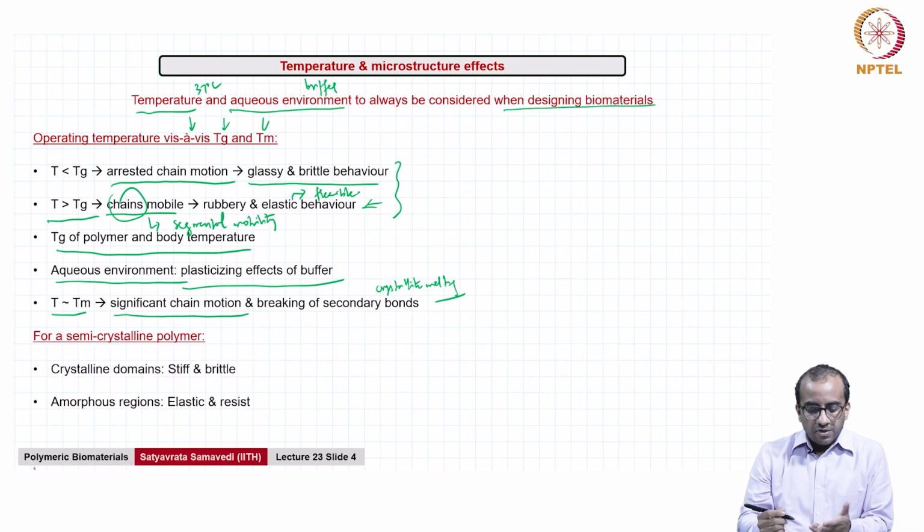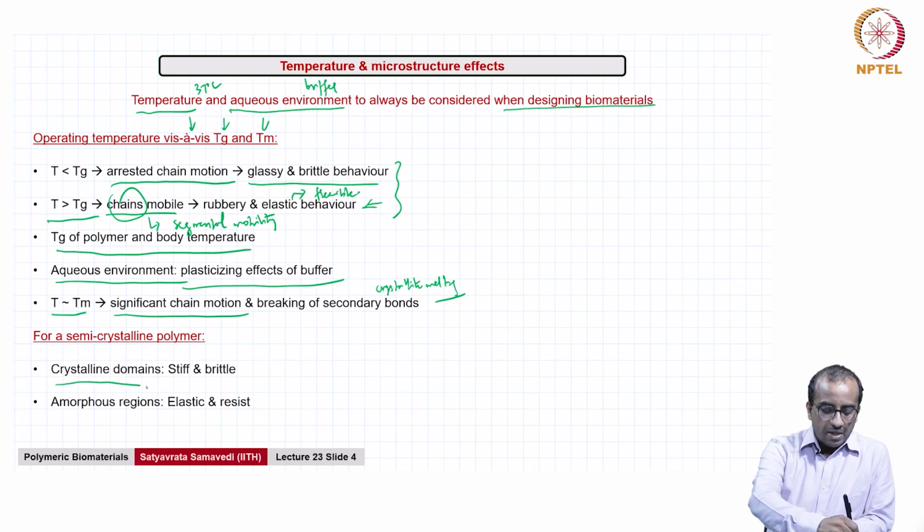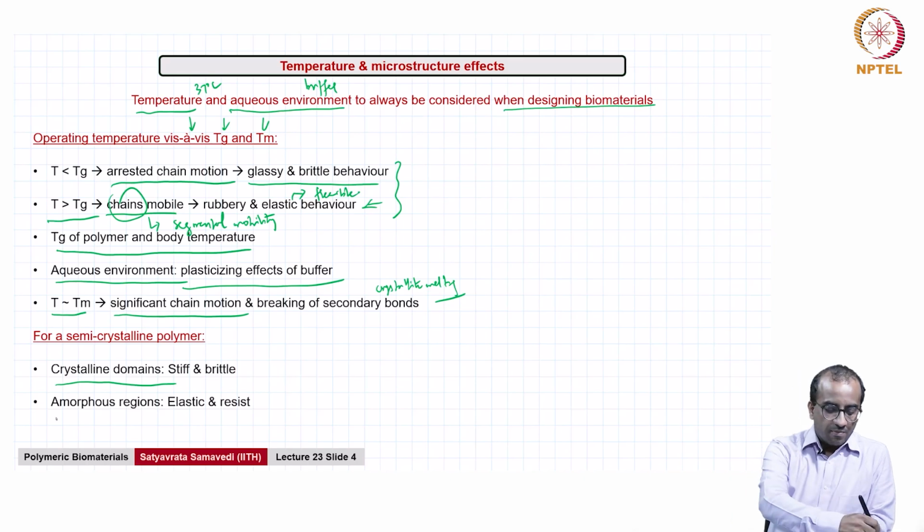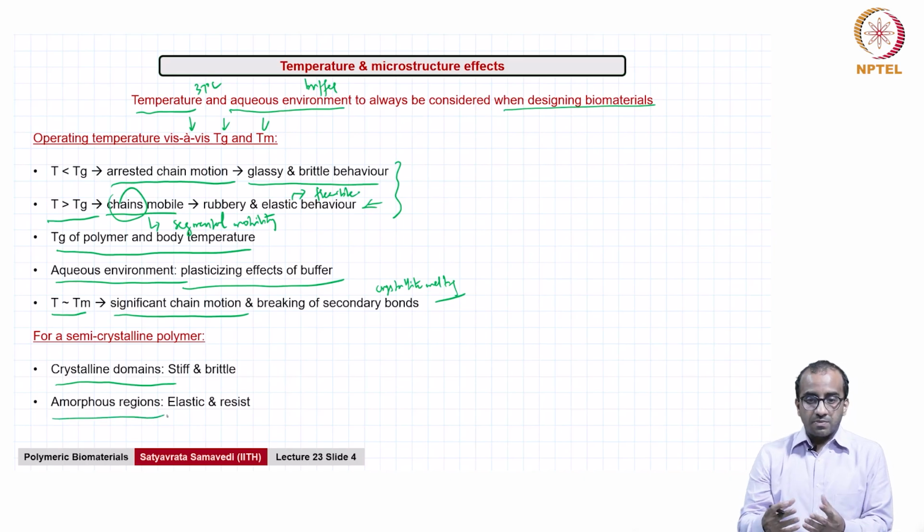And like we said, for a semi-crystalline polymer, you have both domains, and from a bulk mechanical perspective, it is the crystalline domains that will contribute to the stiffness and the brittleness of the polymer, and the amorphous regions will contribute to the flexibility and the resisting behavior, or the elastic behavior, so to speak.